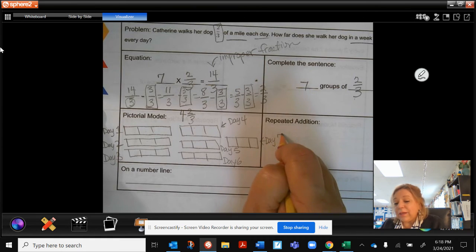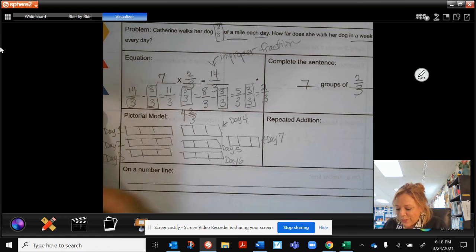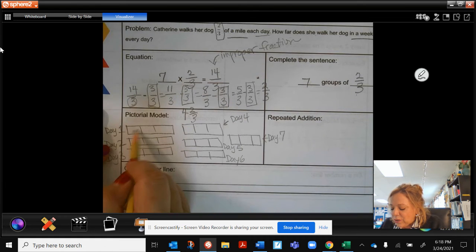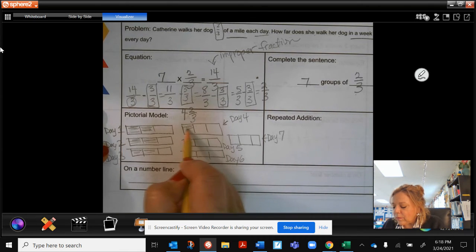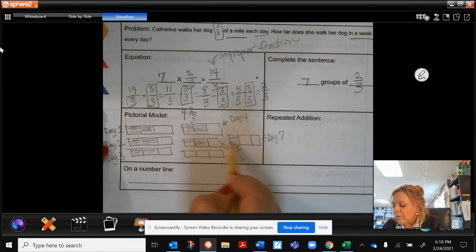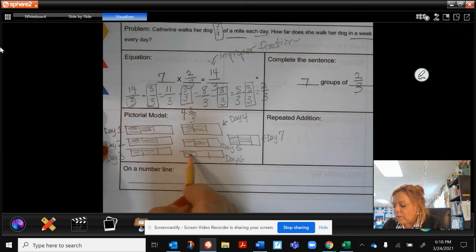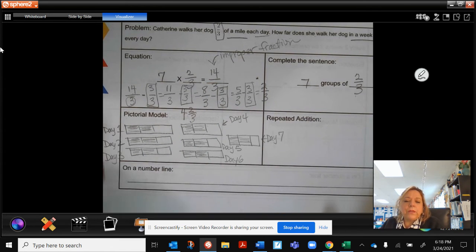All right, now I can continue to remember what I'm doing. And now I'm going to shade in 2/3. Okay, that represents 2/3 of each day.